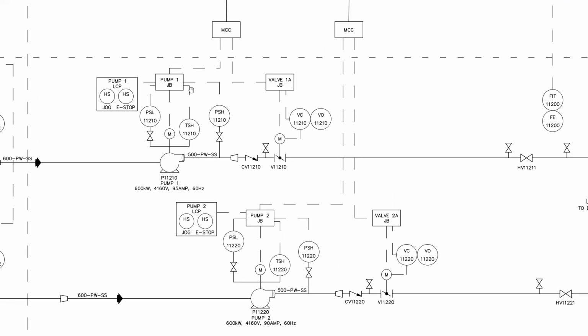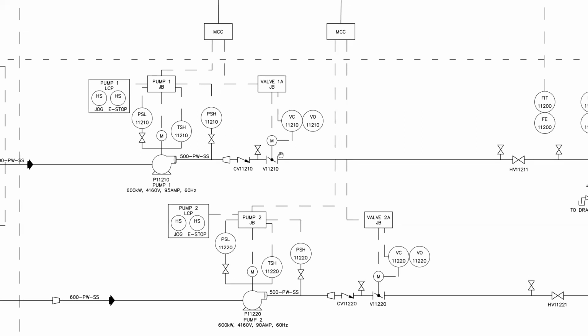The dashing on this is a little big. I don't like the line scale here, but these sensors, these instruments are also wired back into pump 1 junction box. And then here we've got the valve, and the valve open and closed. So the open and closed sensors are wired back to the valve junction box.